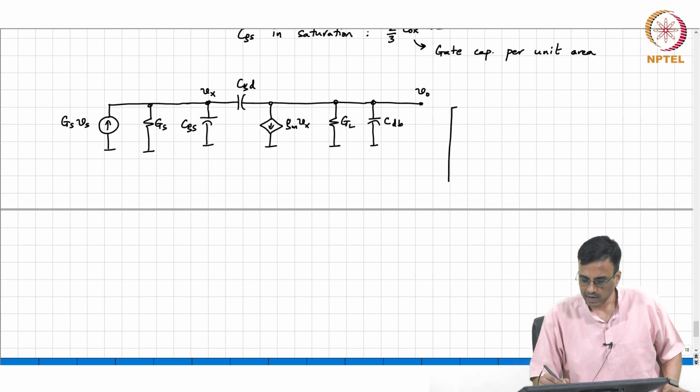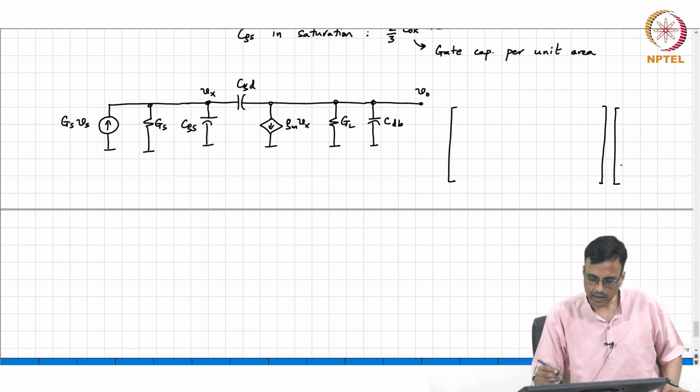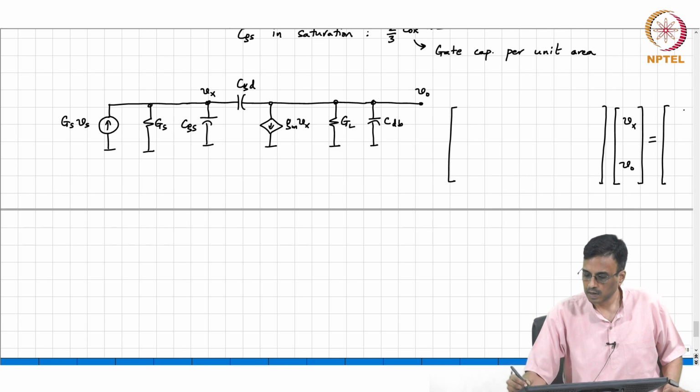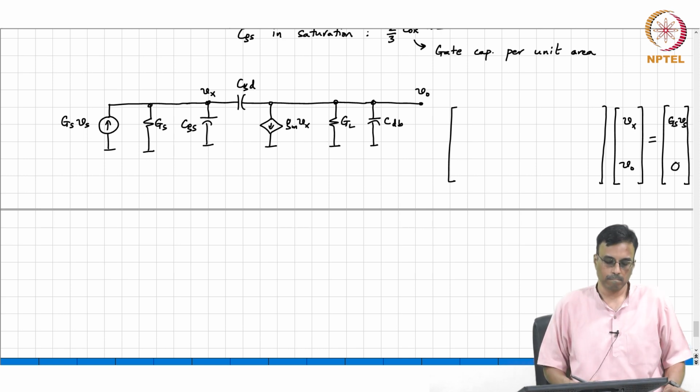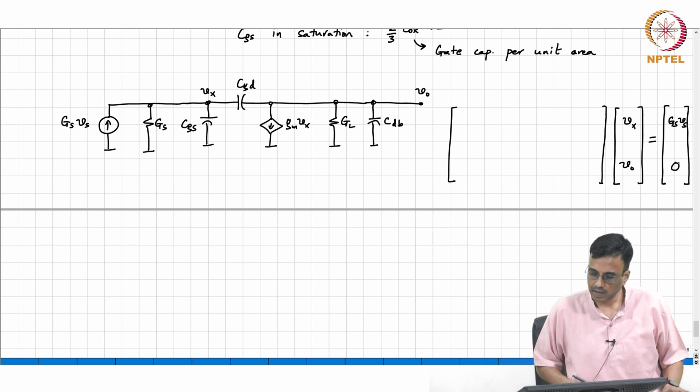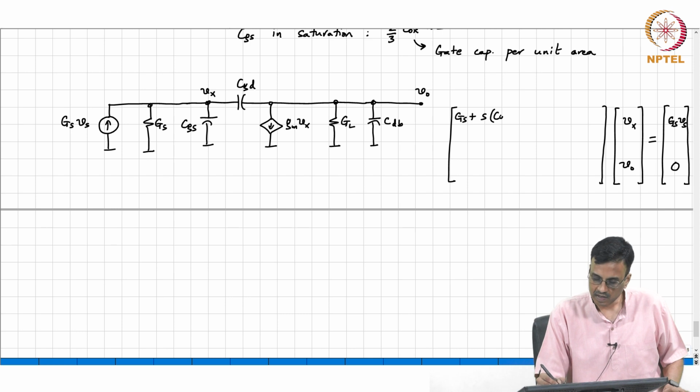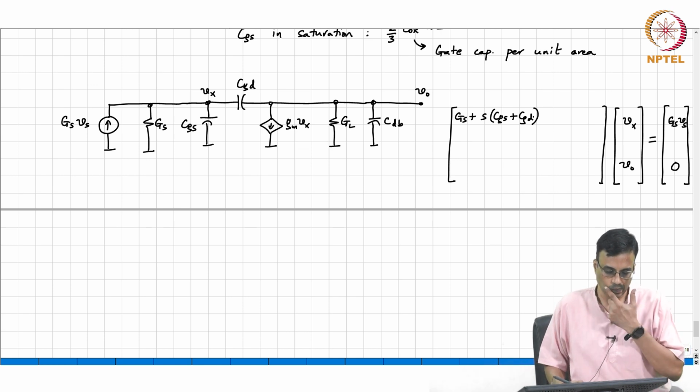Well, it is easiest done in matrix form. So, what are the unknowns that we are trying to find? We have two unknowns, Vx and Vo, and this is Gs times Vs and 0. All right. So, what are the terms in the matrix? Gs plus S times CGS plus CGD. All right.